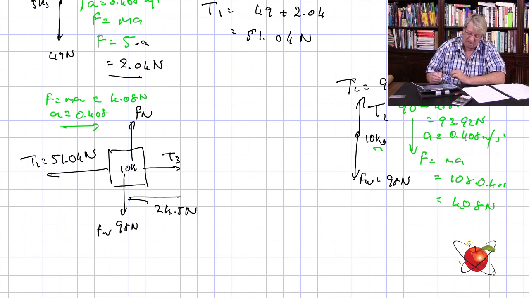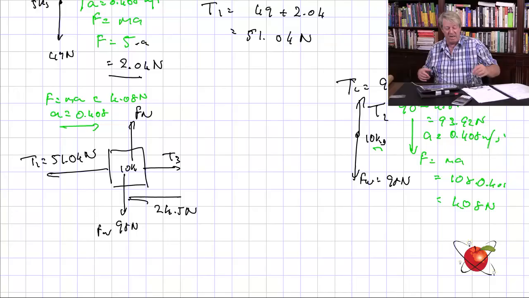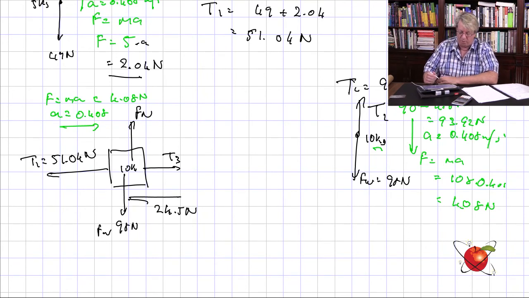Now let's just logic this out because it's actually quite straightforward. Look at the situation. The block is moving this way, which means T3 pulling it this way must be more than the forces in the other direction. More by how much? 4.08.